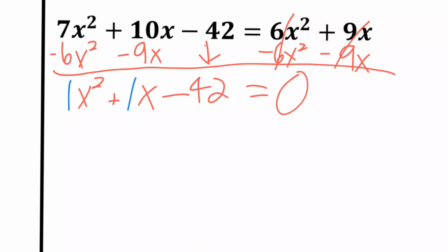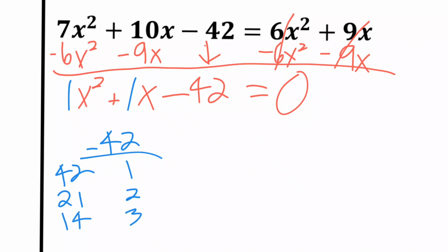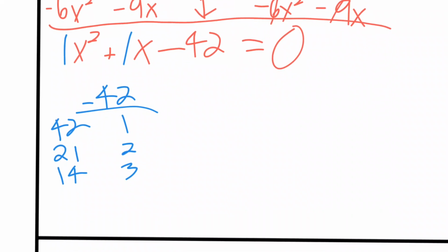So I'll make a little list here. It's -42 and it's going to add up to a positive 1. So that means the bigger factor will be positive, and the smaller factor will be negative. So like 42 and 1, we got 21 and 2, we got 14 and 3, we got 7 and 6, I think that's all of them.